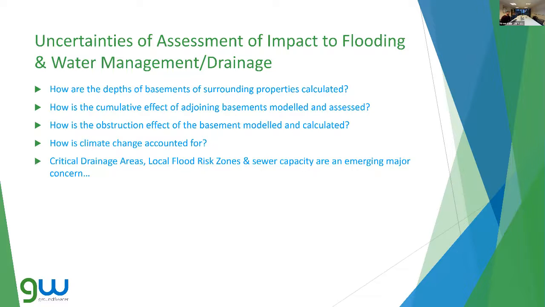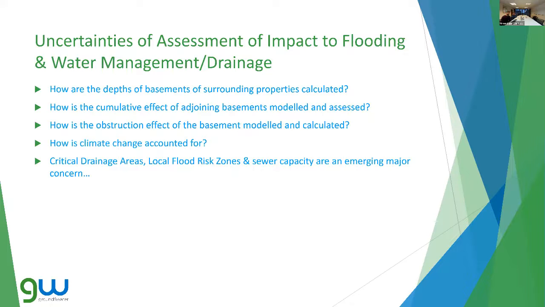Then there's also, without very complex hydrogeological and hydrological modelling, how do you assess the cumulative effect of adjoining basements in terms of groundwater flooding, because they can act as an obstruction, much like how are we going to assess the obstruction effect of the actual proposed basement? That's another thing to look into.